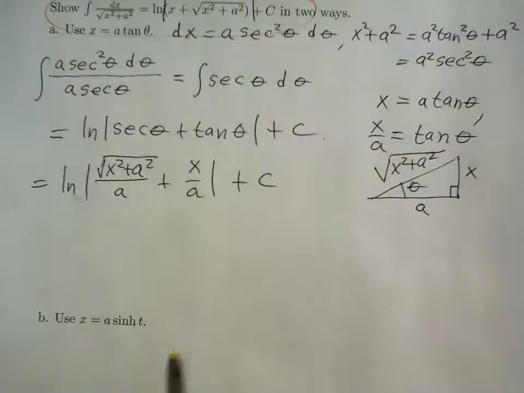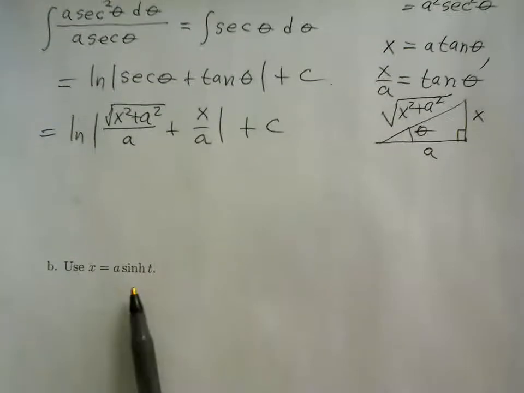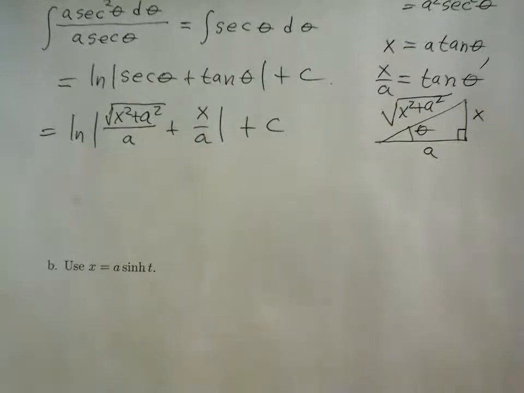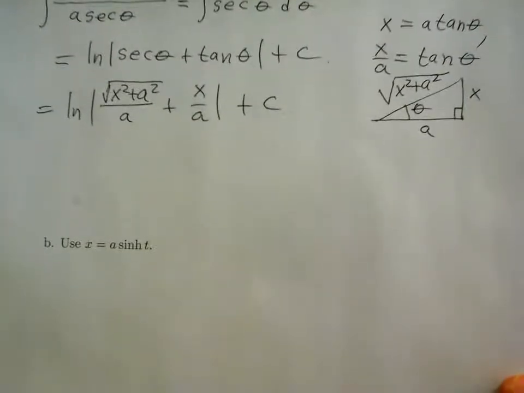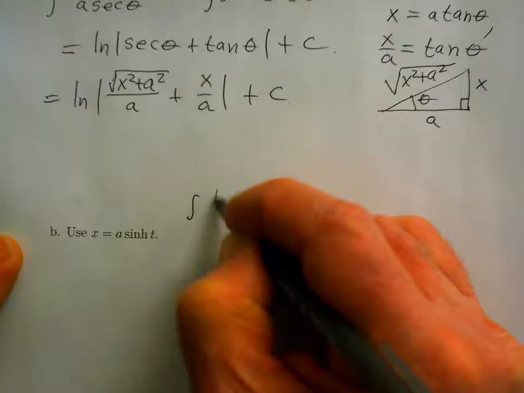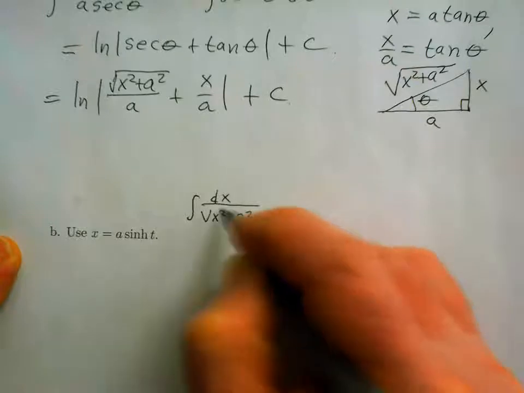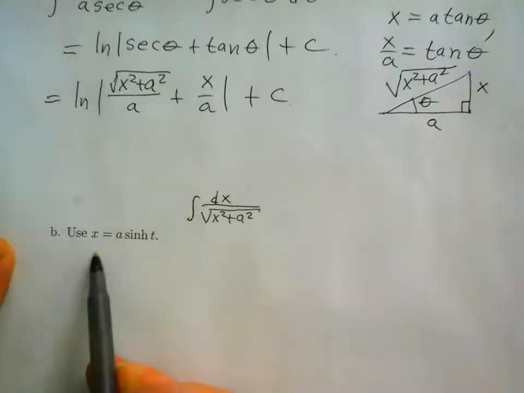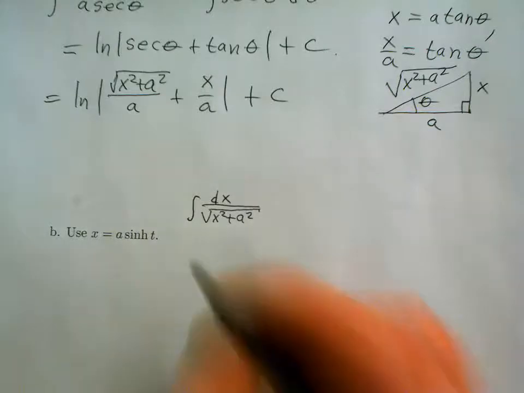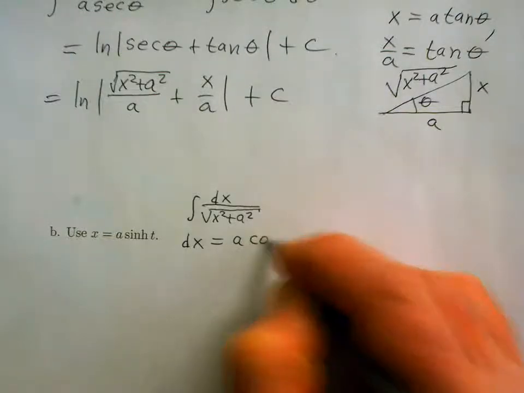Let's do the same using this trig substitution. Well, sorry, it's hyperbolic trig. Use x equals a times hyperbolic sine of t. So it's for the same one. If x equals a times hyperbolic sine of t, then dx is a times hyperbolic cosine of t.